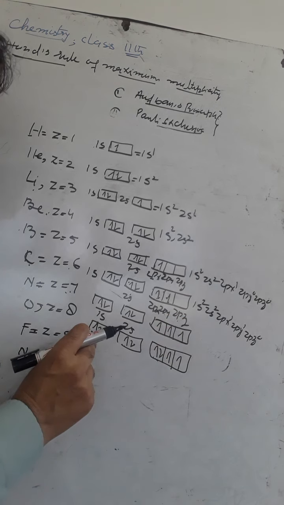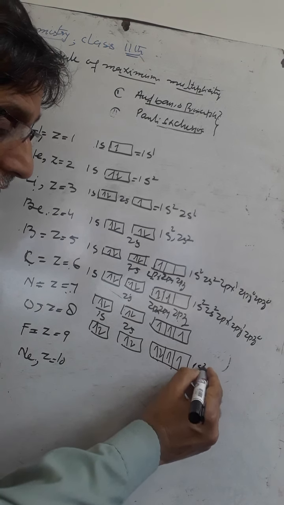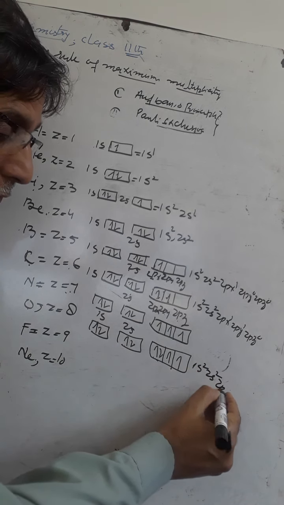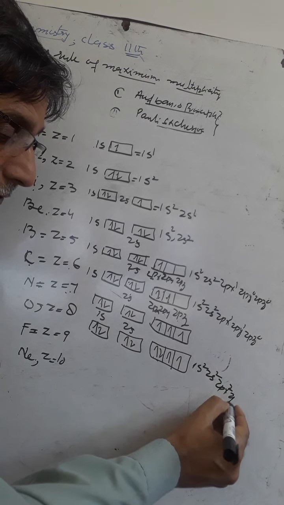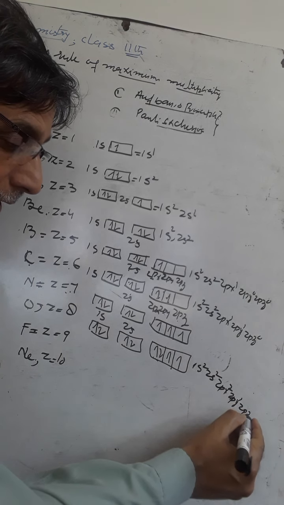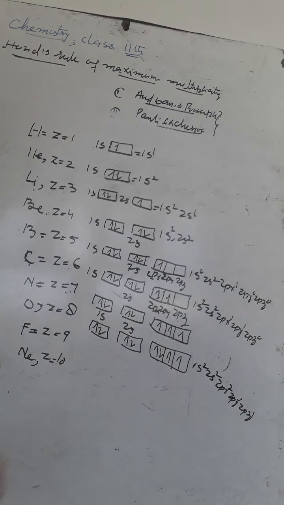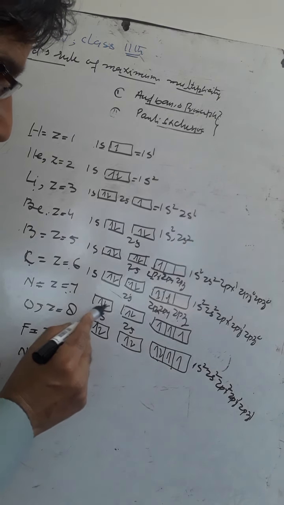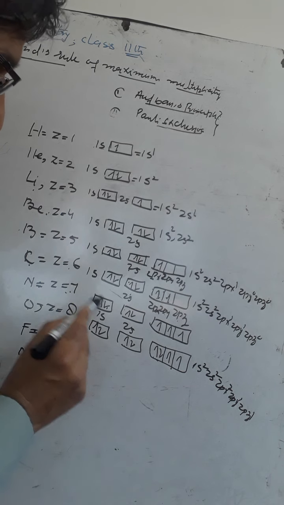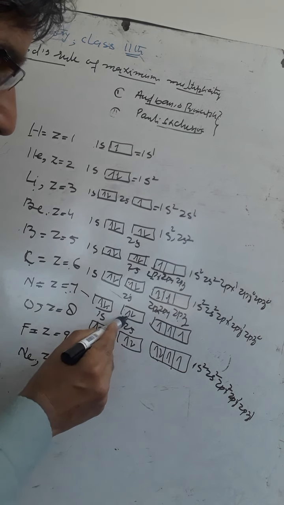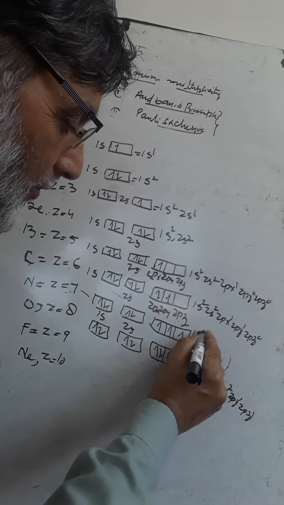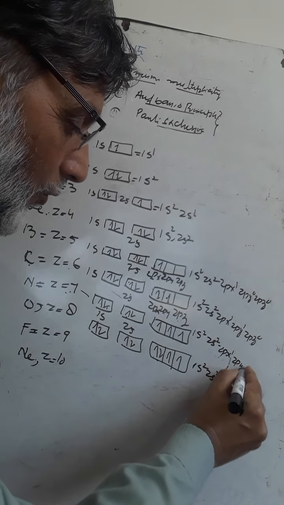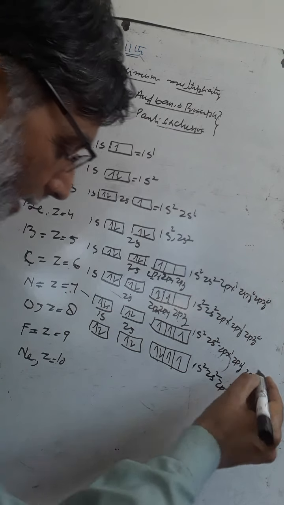Now its configuration is 1s2, 2s2, 2px2, 2py1 and 2pz1, right? Nitrogen's configuration is 1s2 2s2 2px1 2py1 2pz1.